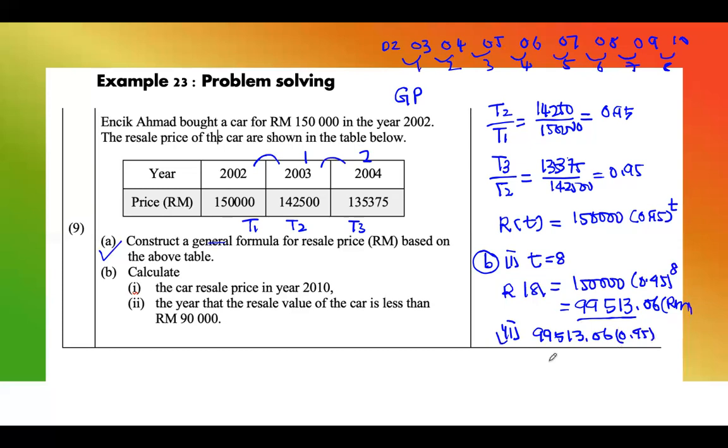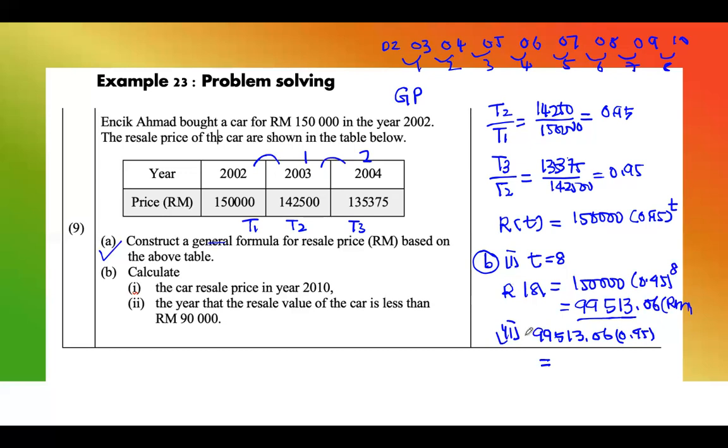So meaning that we want to see the resale price in the year 2011. So it's 99,513.06 times 0.95.